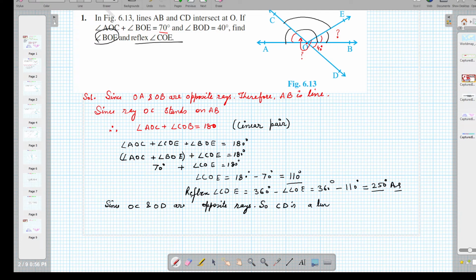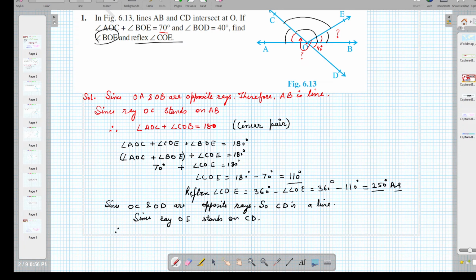Since OE is standing on this line, ray OE stands on CD.